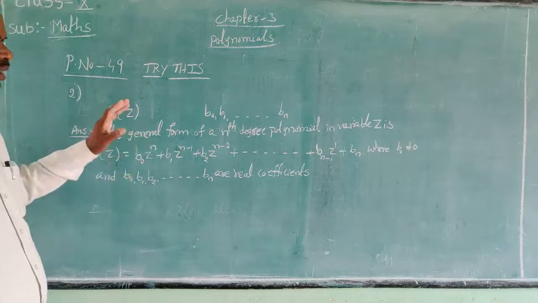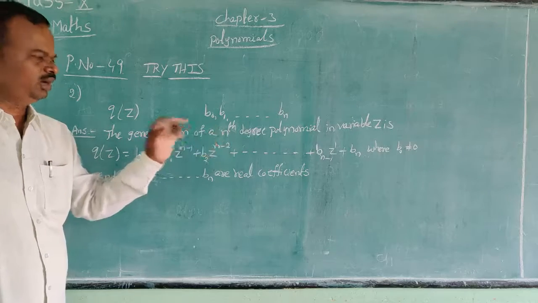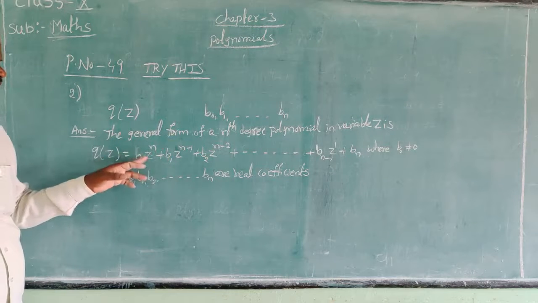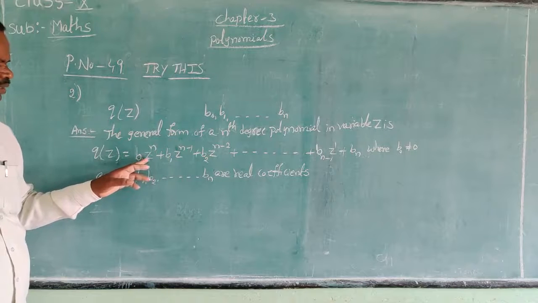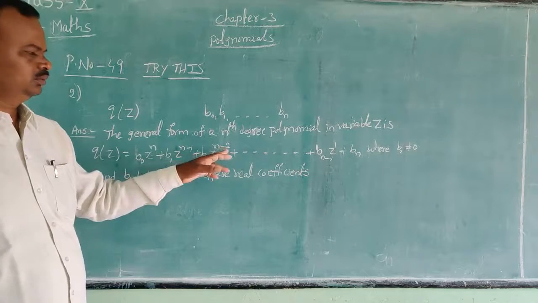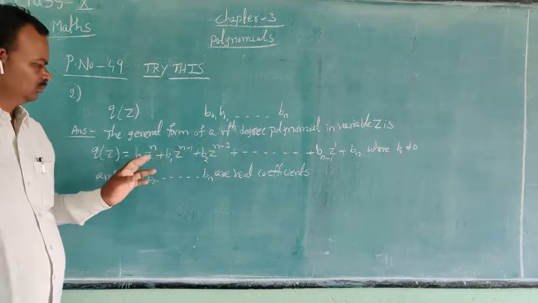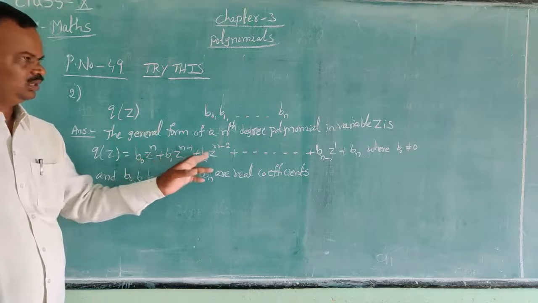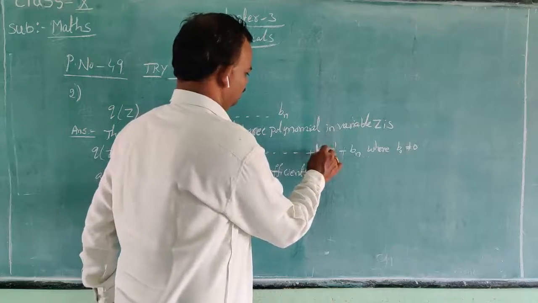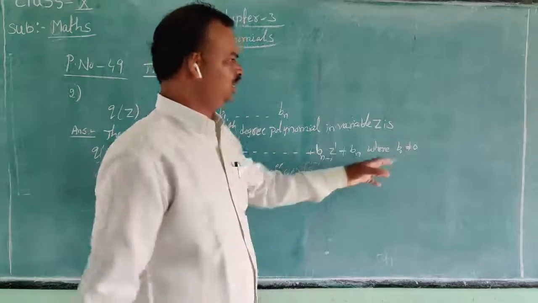Here the general form means with degree n, an nth degree polynomial, so the highest power is n. Here the variable is z. So b0 z power n plus b1 z power n minus 1 plus b2 z power n minus 2 plus and so on, so the power is gradually decreasing, plus bn minus 1 z power 1 plus bn, where b0 not equal to 0.